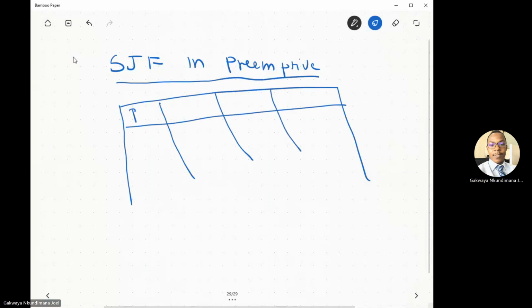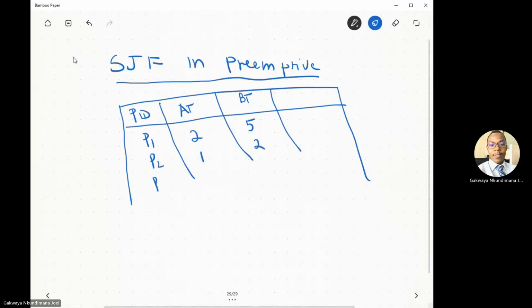So we have process ID, which was P1, and we have the arrival time and burst time. P1's arrival time was 2, and the burst time was 5. Process P2: the arrival time was 1, and the burst time was 2.